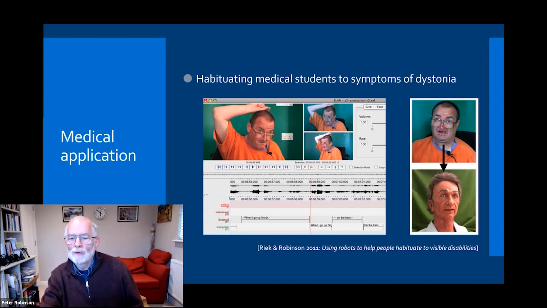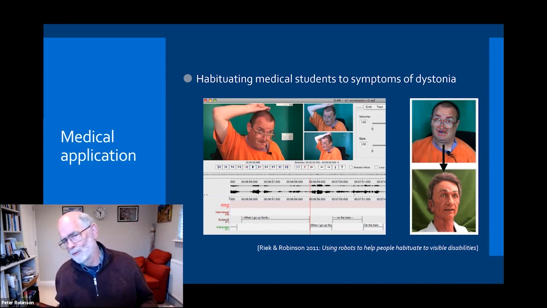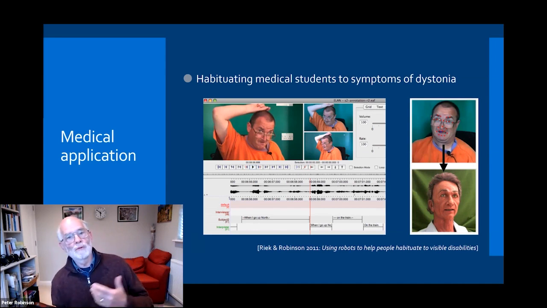So that was a huge success. It's the only success we've had with this robot, except it wasn't much of a success because it also turned out that if we just showed the students the videos of the man with dystonia, that was just as good as a training tool. So this robot was extremely expensive and really had very little scientific value.